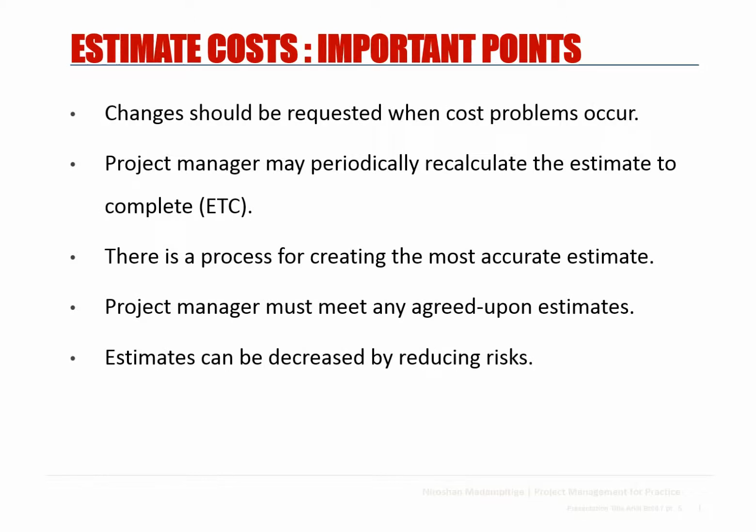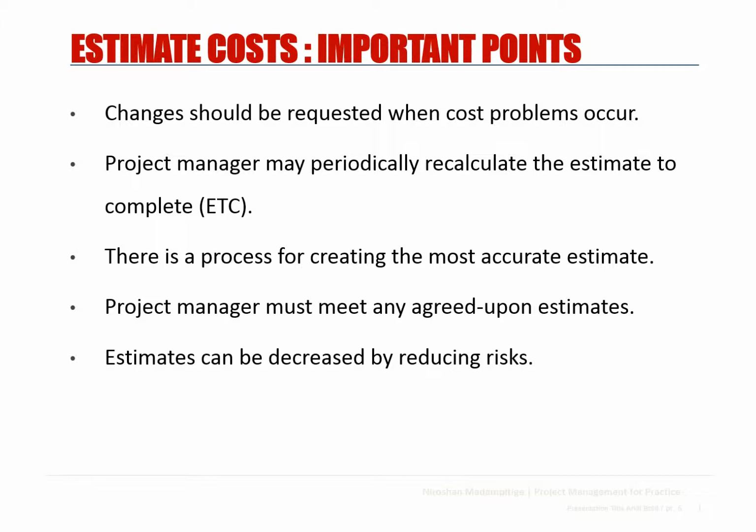A change should be requested when cost problems occur. For example, let's say you are over budget and you have to take corrective actions. Then this corrective action might be a change request. This is an example of a change request. When cost problems occur, the project manager regularly recalculates the estimate to complete in order to check whether you will still be able to meet the cost baseline or schedule baseline of the project.